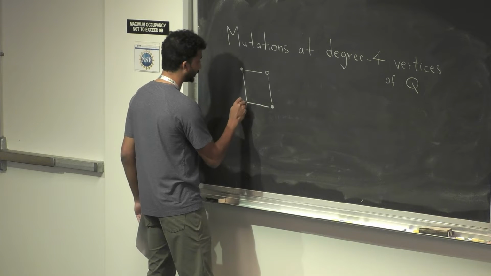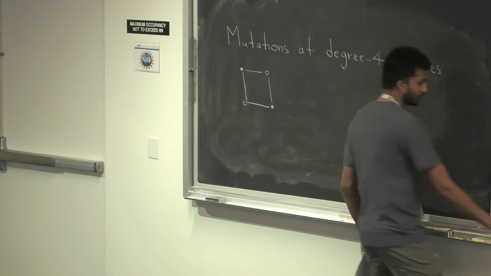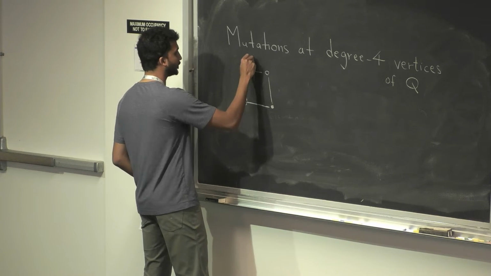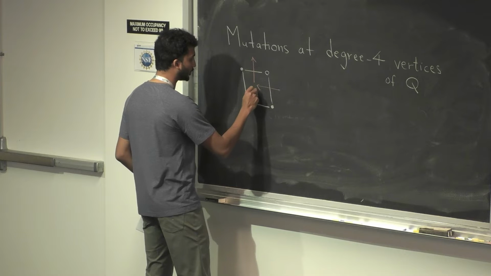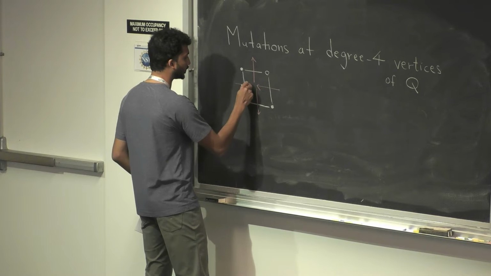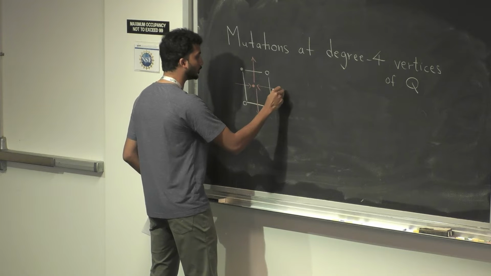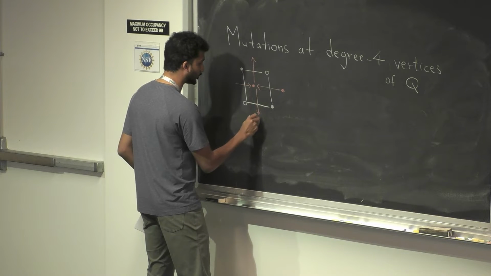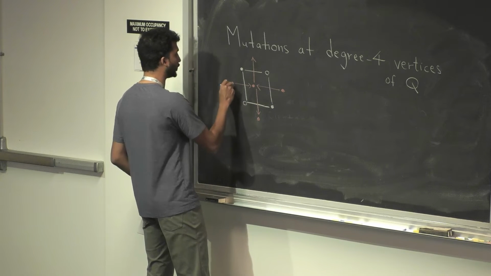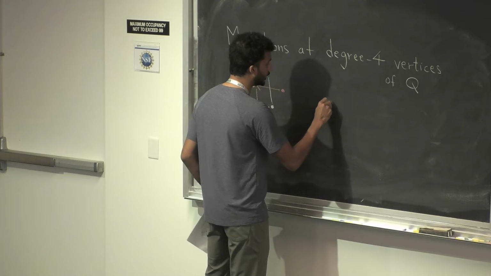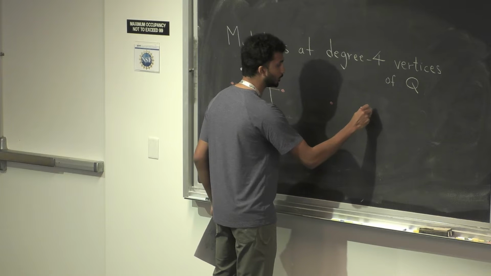So the quiver of this square face is going to look like this. And now, if you mutate this quiver, you're going to get this quiver over here.